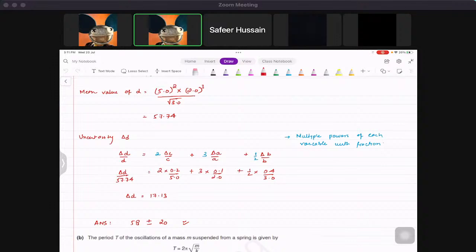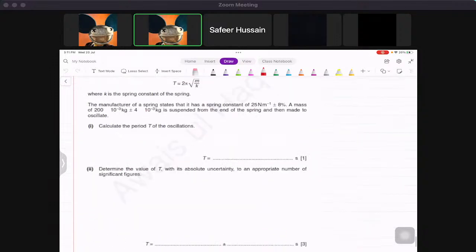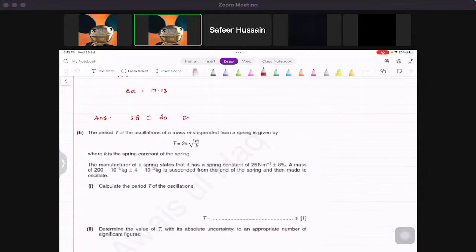Okay, so this question is from, wait, I also need to write their thing. This is M2K wala question. Okay, this is 9702 21 October November 2019.